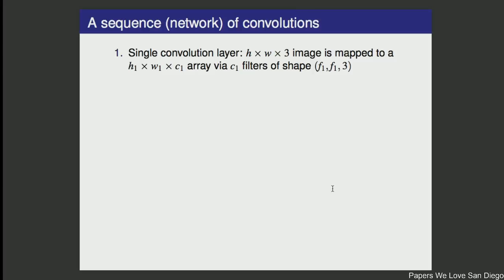Okay. All right, that's great. But what's the difference now between that and the image that we started with? It's a new array, right? It's got height and width and depth.